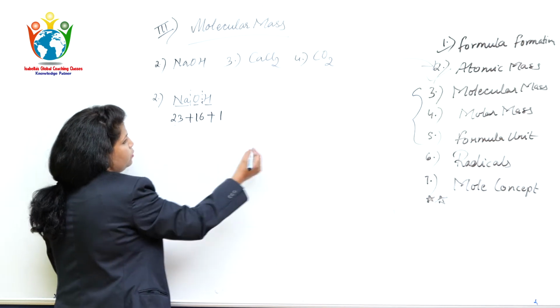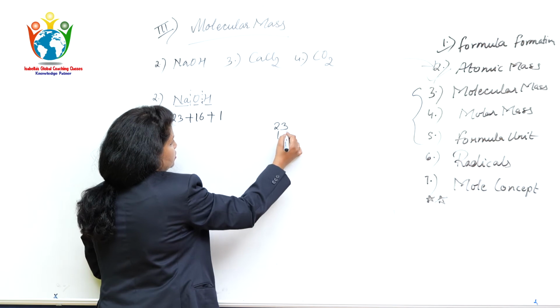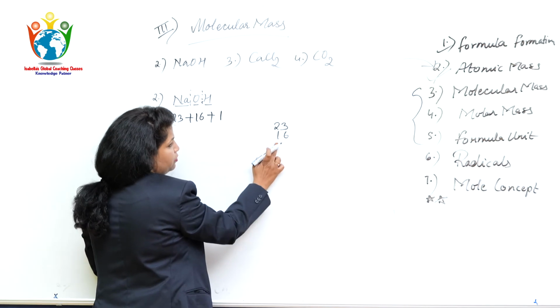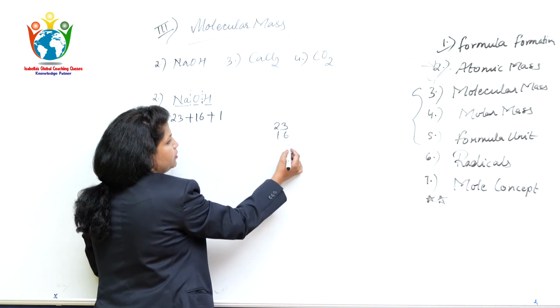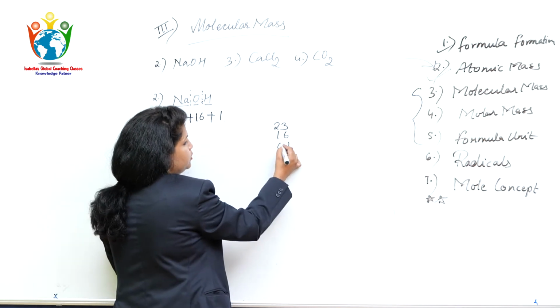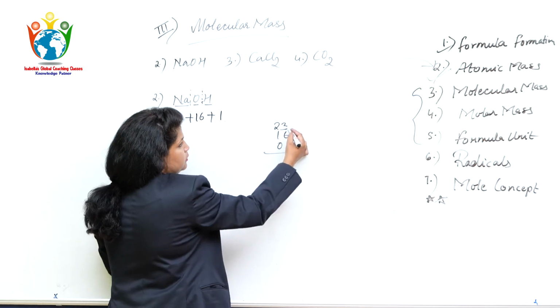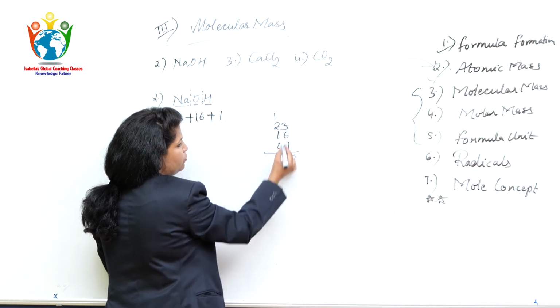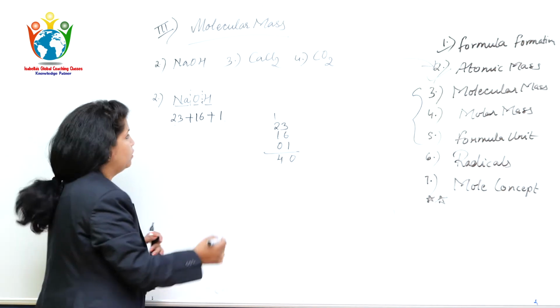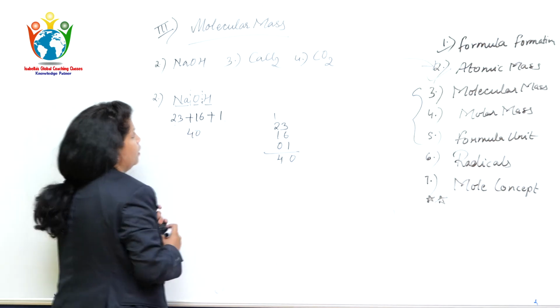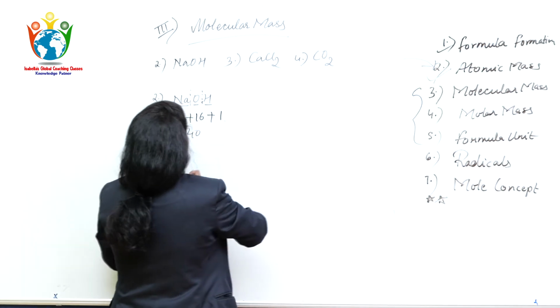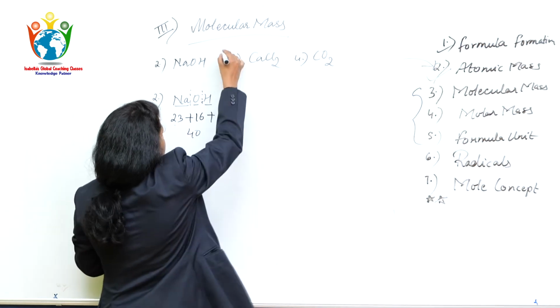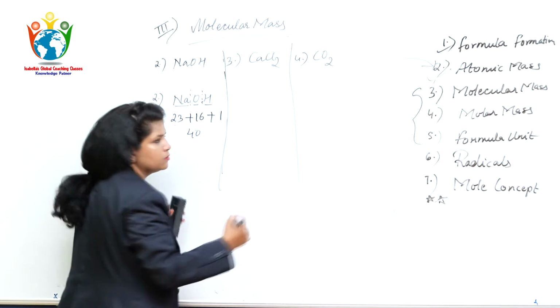Now you can add them up: 23, 16, 1. 6 plus 3 is 9, 9 plus 1 is 10, carry 1, 2, 3, 4, it's 40. Okay, just write down 40. We can do it like this, no issues.